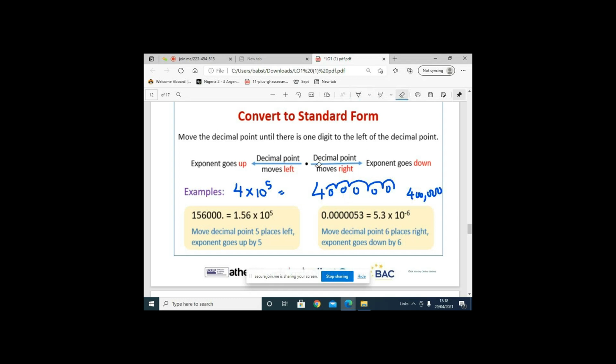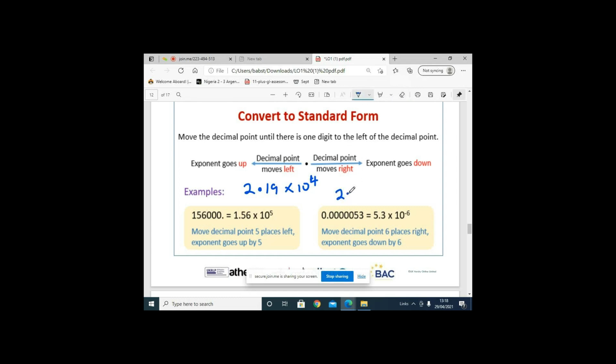So if you also have something like this, 2.19 times 10 to the power of 4, you write this number first, 2.19.